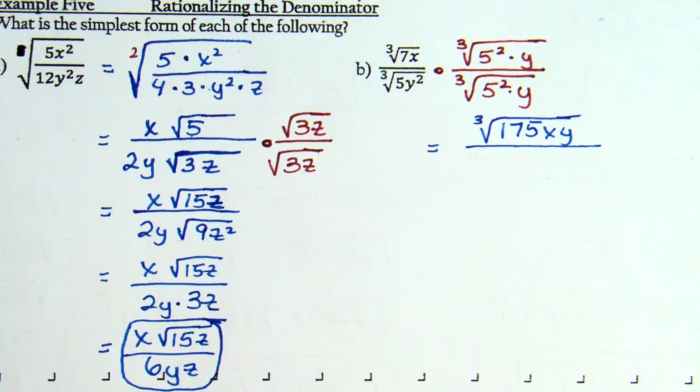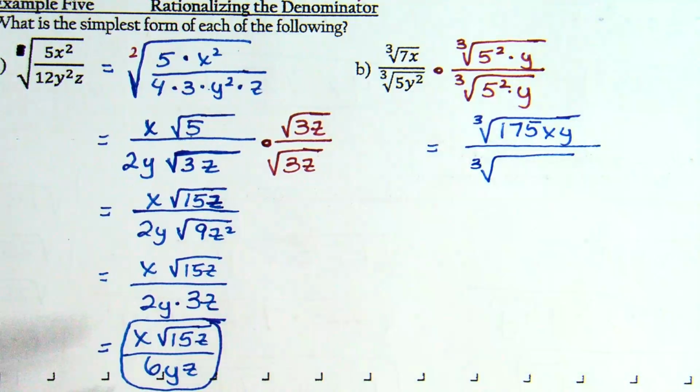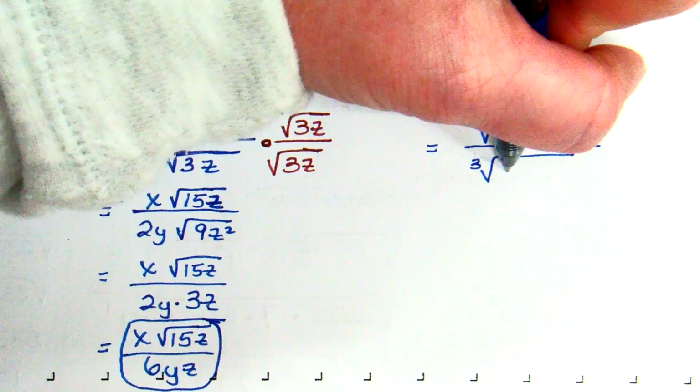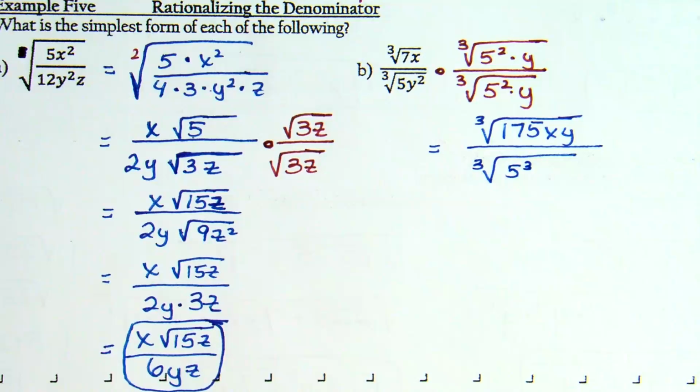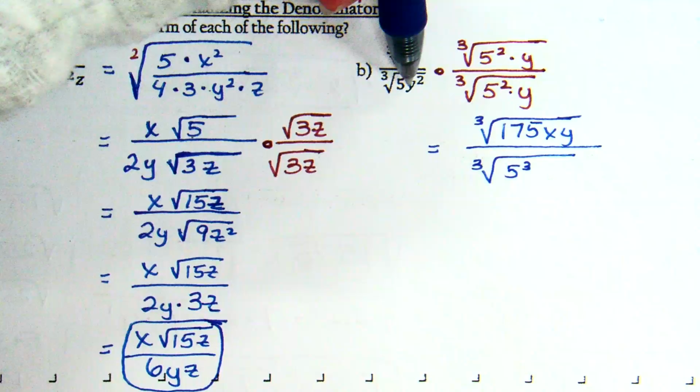If you want, you can think of it like this. It's 5 times 5 squared, which is how many 5s? How about if I say 5 to the third? Or if you prefer, you can say 125. How many y's do I have? Y squared times y makes y to the third.